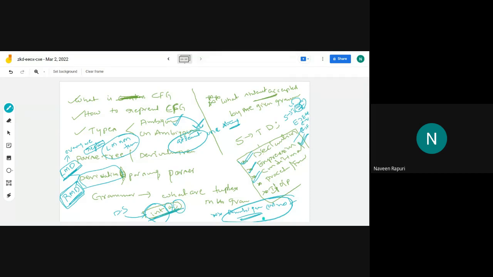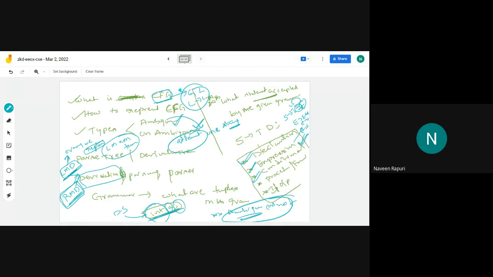So many different terminologies I discussed in this class, sir. Please see it. If you want to learn more, go back to theory of computation: what is the leftmost derivation tree, what is the rightmost derivation tree, what is a context-free grammar, what are the different types of context-free grammars, how can we produce grammar from language or language from grammar.